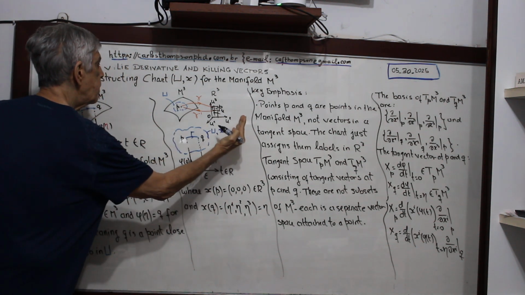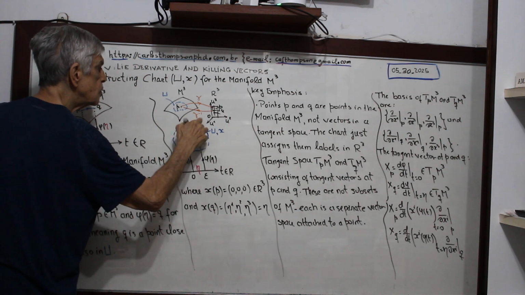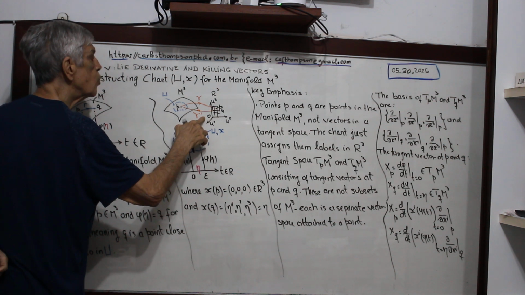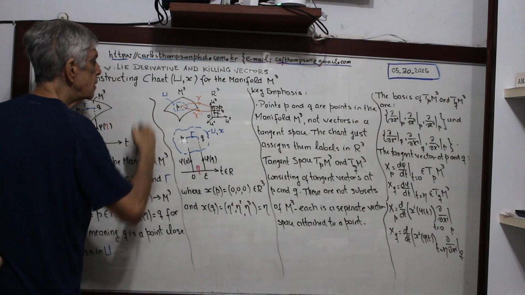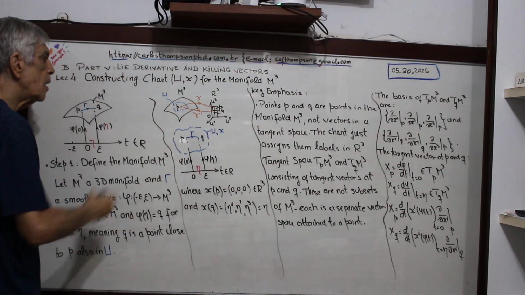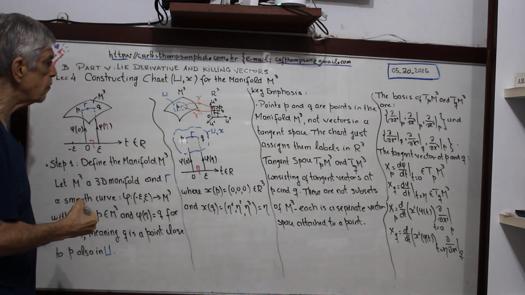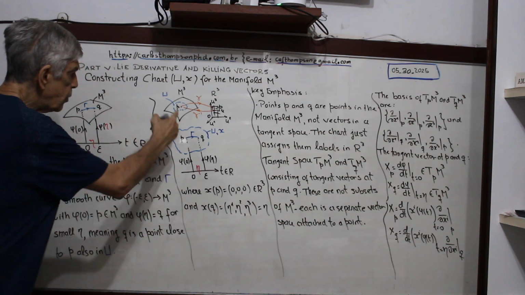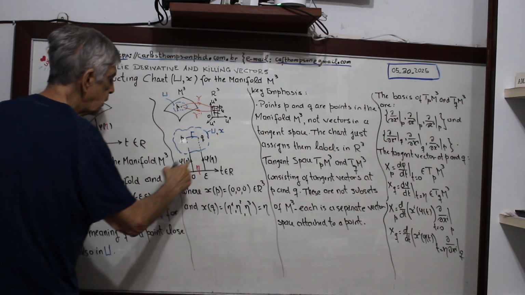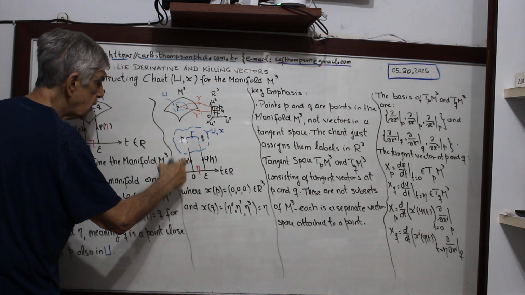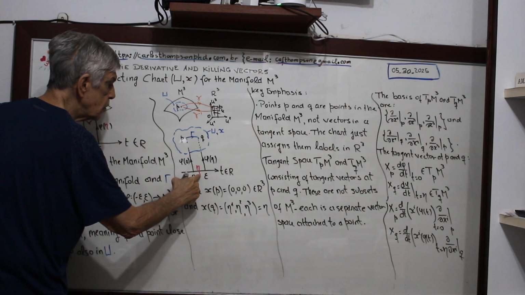In this case, I'll apply the backward map with this inverse. That's why we construct the chart U, as I mentioned before, on the manifolds. Now I repeat here: this is the chart U, and this is X. This is phi of 0, that's point P. This is phi of eta, this is eta here.